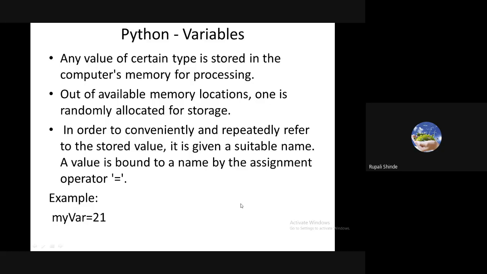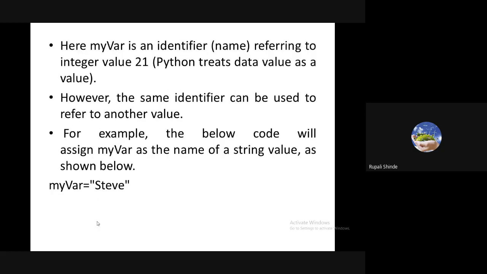For example, we have a variable myVar, which is the name of the variable, to which I have assigned the value 21 of type integer. Here, it is not necessary to declare the variable previously. So you can directly use any variable, and you can directly store any type of value in the respective variable. So here myVar is an identifier name referring to the integer value 21.